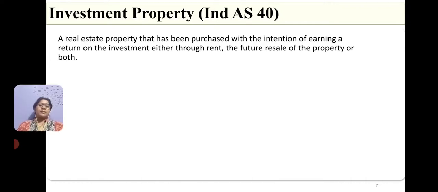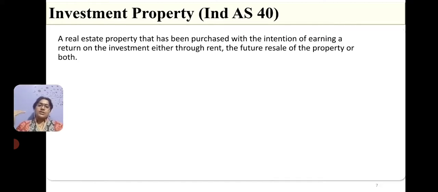Suppose you are constructing a house to live in. That means it's land and building, and it comes under building in your assets. But if you are constructing the building not for your own usage, but you are renting it out and you want to earn rent out of it, then it is called investment property.